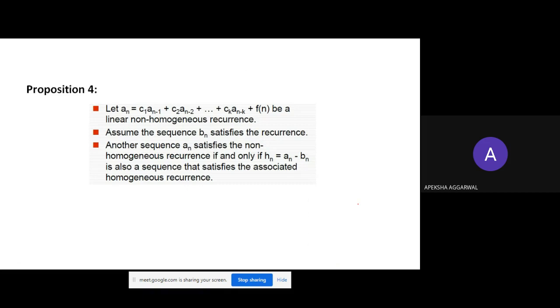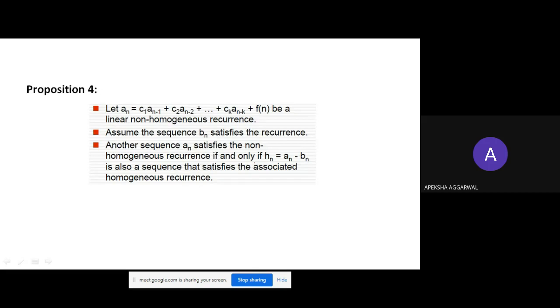Now let's have a look at this. It says Hn is a homogeneous sequence, and An and Bn are both non-homogeneous sequences.